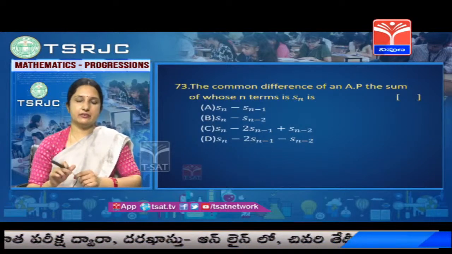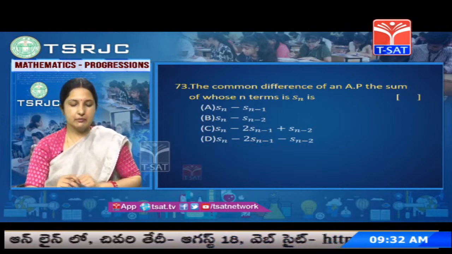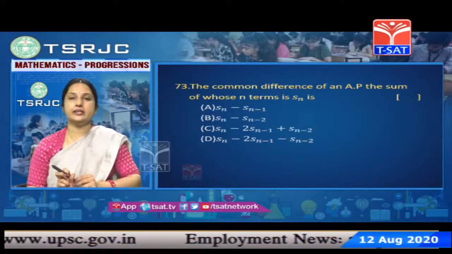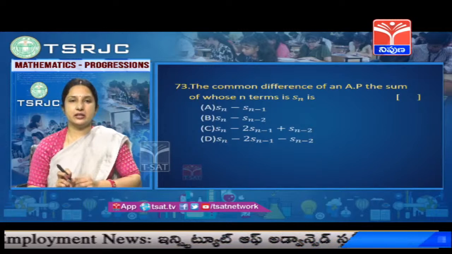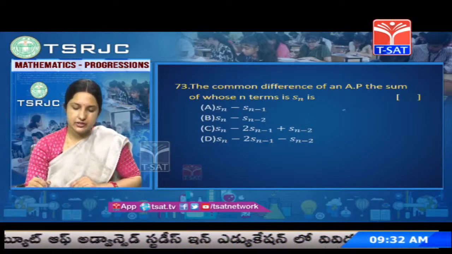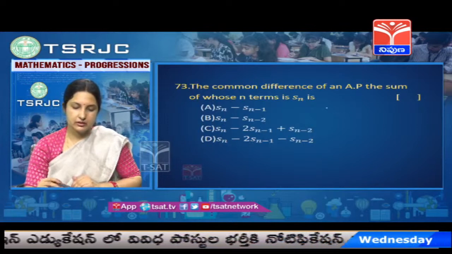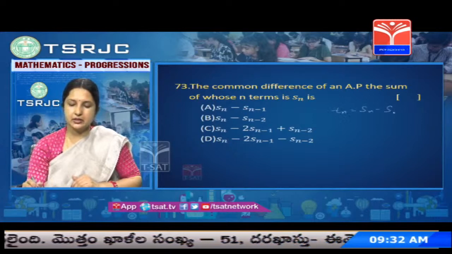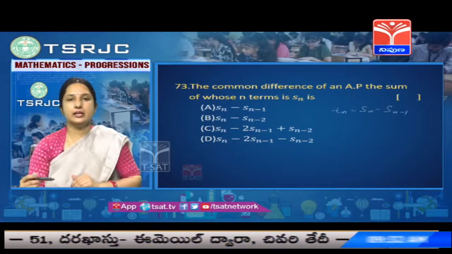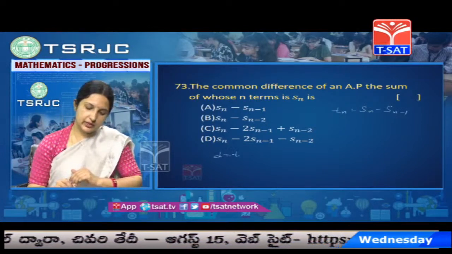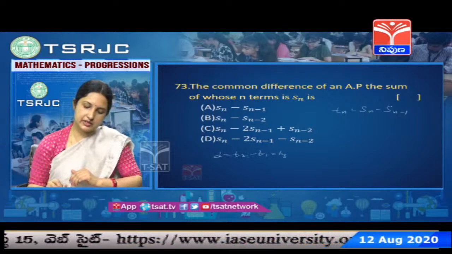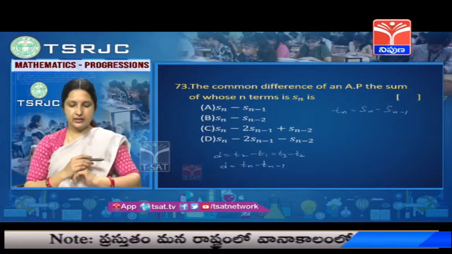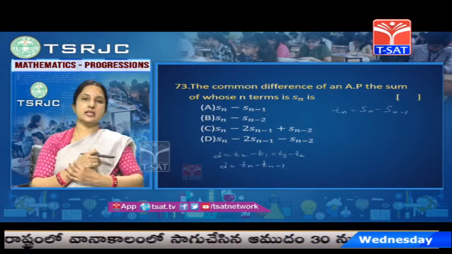Question number 73. The common difference of an AP, the sum of whose n terms is Sn. Okay, they asked us to find the common difference d, and they have given Sn. Tn, we know, is Sn minus Sn minus 1. For d, what did we say, T2 minus T1 or T3 minus T2, so generally Tn minus Tn minus 1. So Tn is Sn minus Sn minus 1.